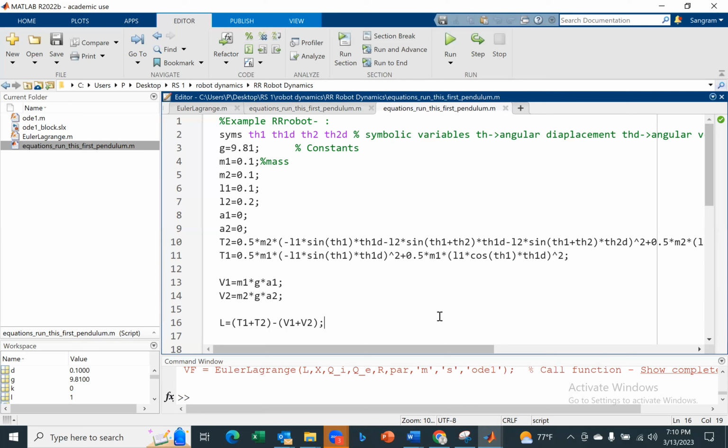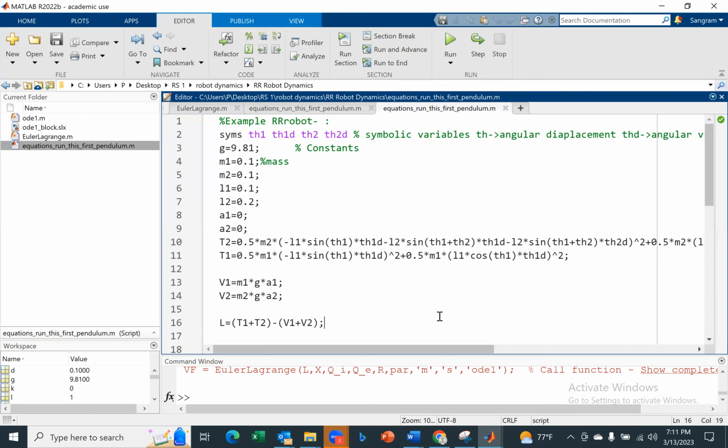I want to find the kinetic energy of the first mass, the kinetic energy of the second mass, find the total kinetic energy, which is kinetic energy 1 plus kinetic energy 2, and then find the potential energy of the first mass and the potential energy of the second mass, potential energy 1, potential energy 2, and then find the Lagrangian as the total kinetic energy minus total potential energy, and then use the MATLAB tool.